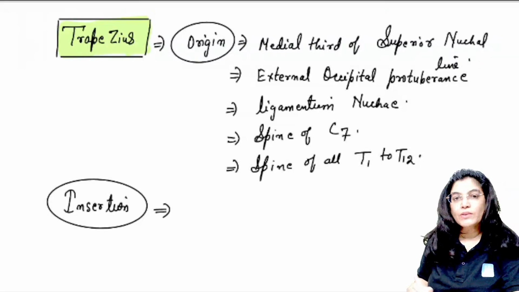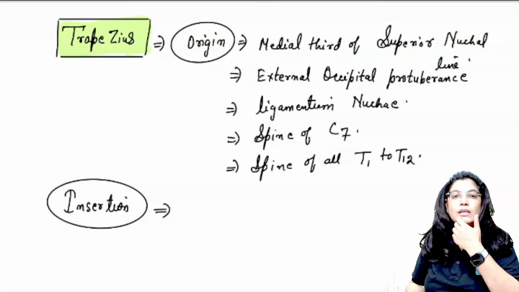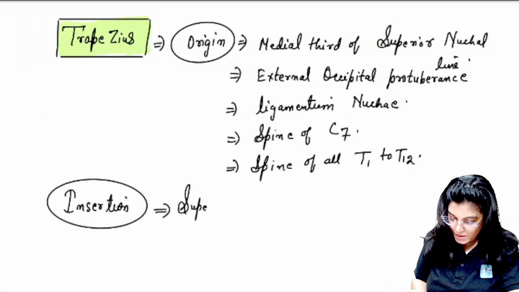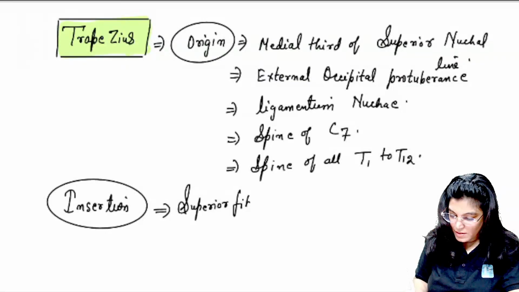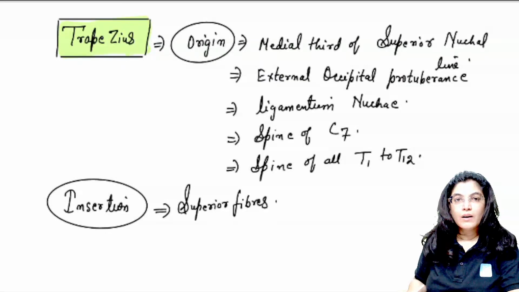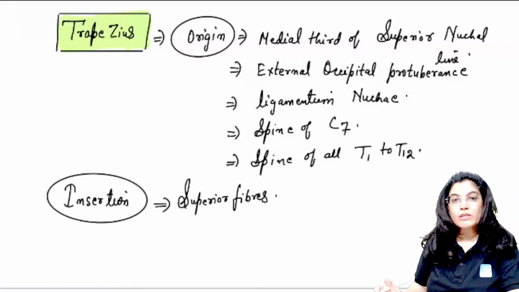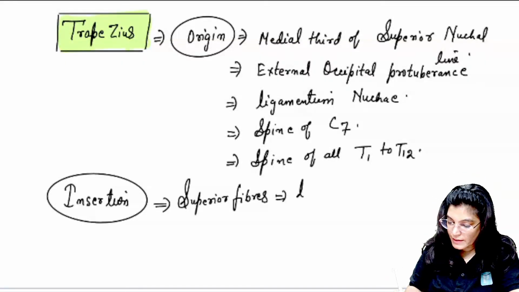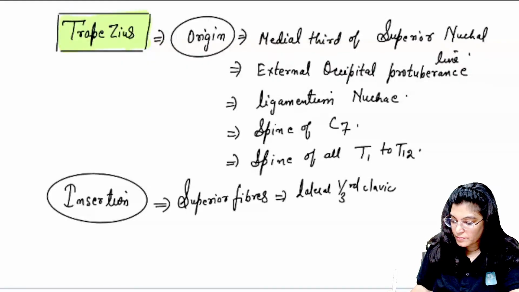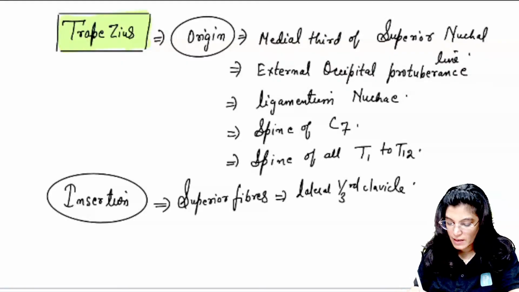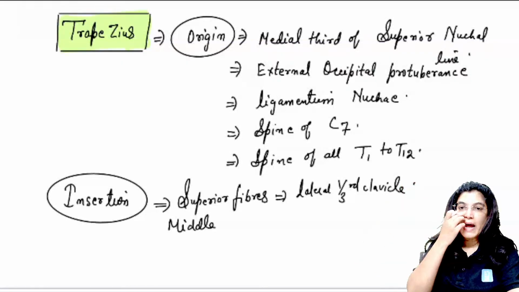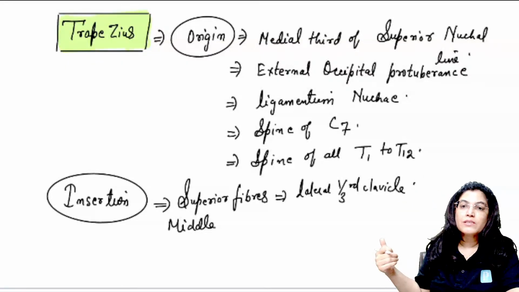The insertion of the trapezius muscle is as follows. The superior fibers insert into the lateral 1/3 of the clavicle on the posterior aspect. The superior fibers traverse in a downward direction.